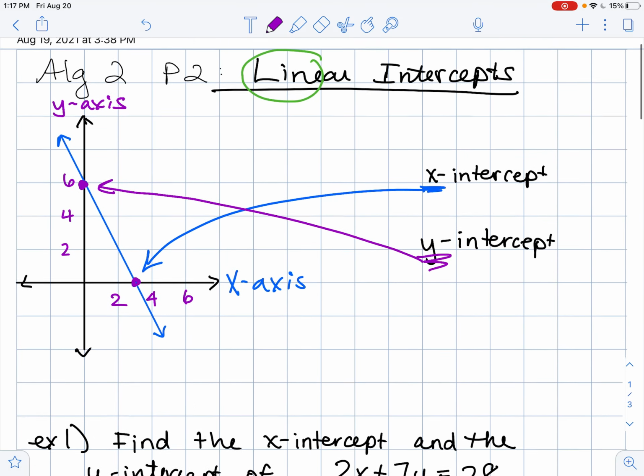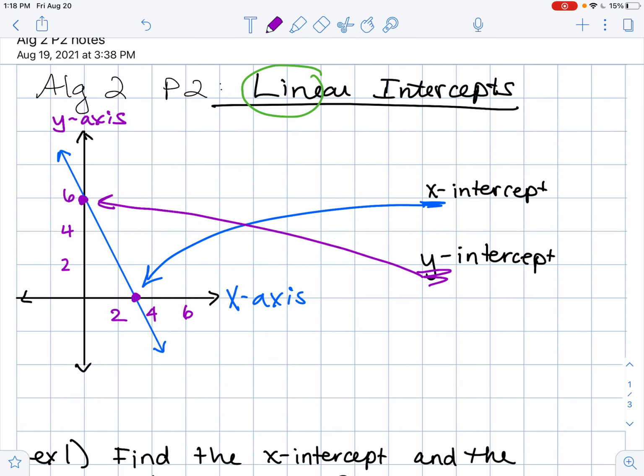So one of the things that you'll notice up here is where it hits the x-axis, what is the y value? So the x-intercept, we see that this is 3, right? And that point for the y value is 0. So if it's 3 comma 0, what do we notice about the y value?